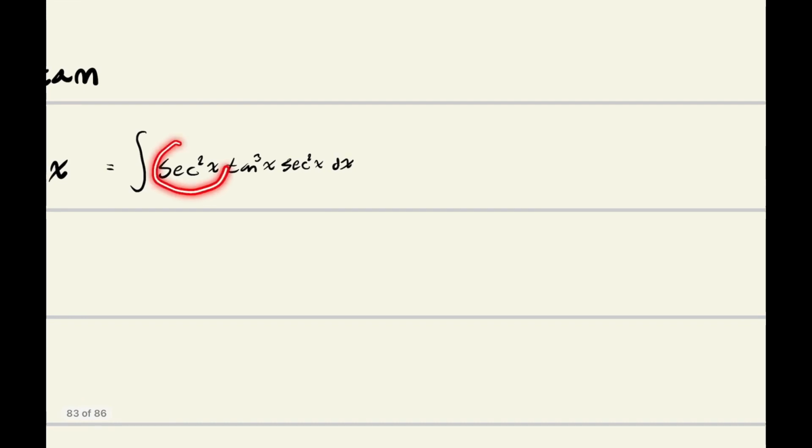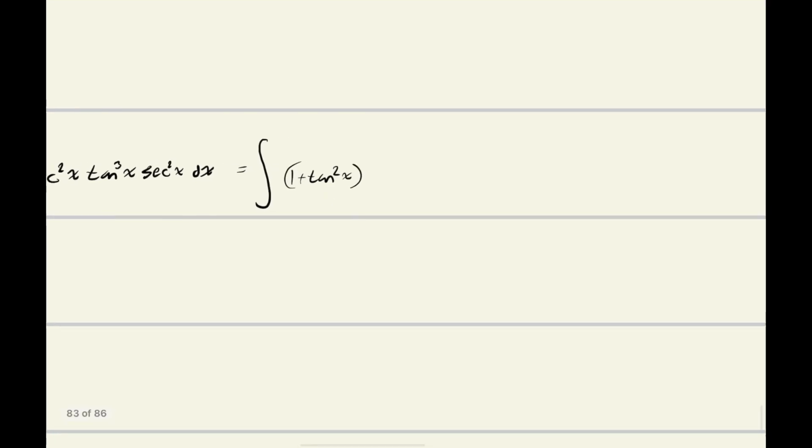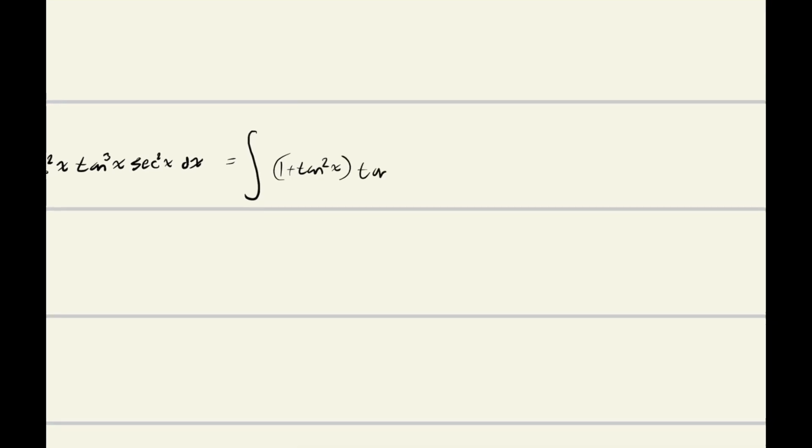Then we can rewrite this using the Pythagorean identity, making this (1 plus tangent squared x) times tangent cubed x times secant squared x dx.